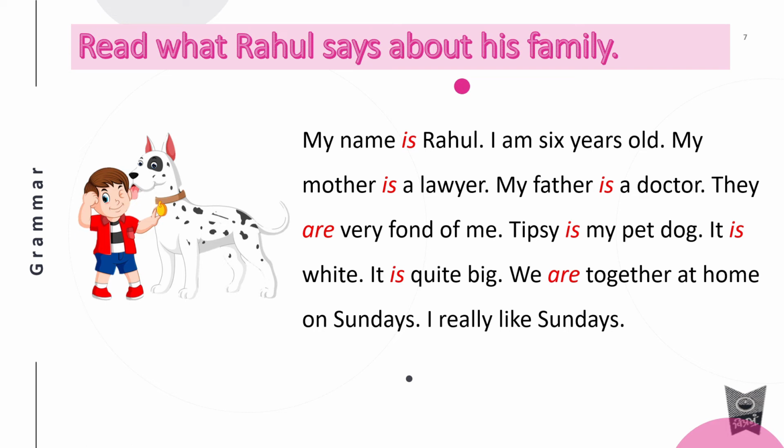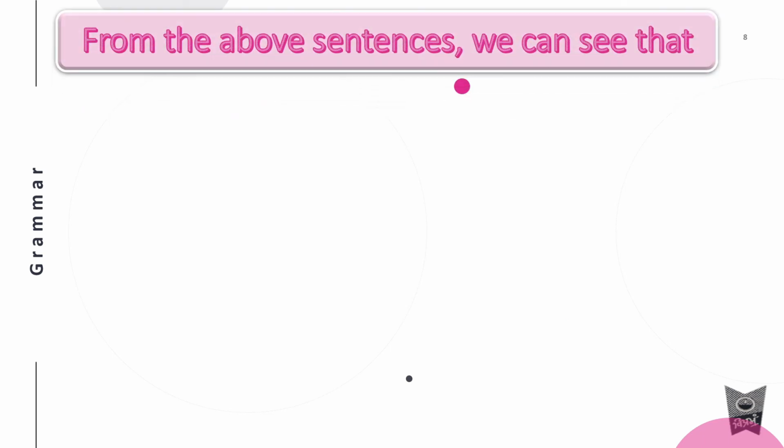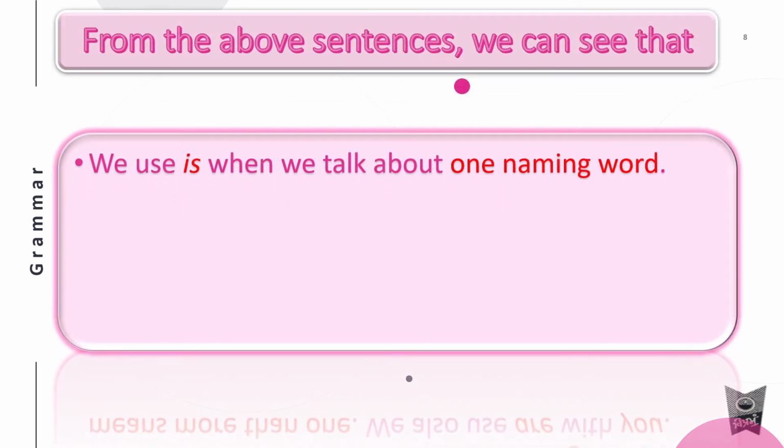So from this, what did we know? We know that we use is when we are talking about one naming word. जब भी हम एक naming word के बारे में बात करते हैं, तभी हम is use करते हैं. Okay, so when we talk about one naming word, only one naming word, एक चीज के बारे में बात करते हैं, तब we are using what?